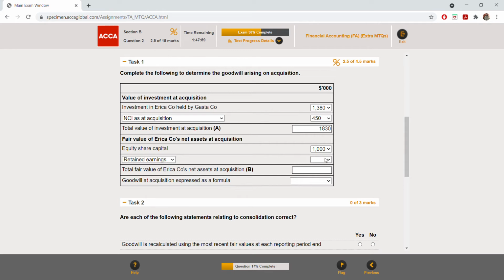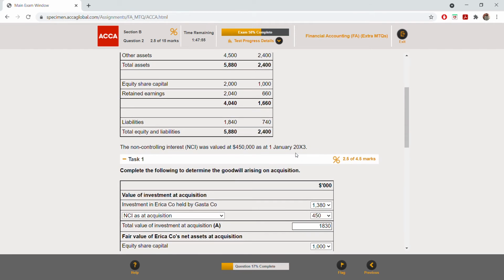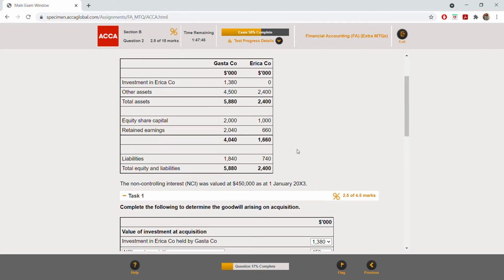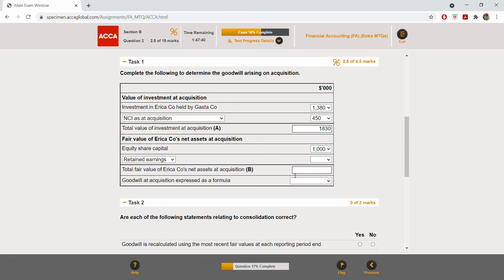And how much is the retained earnings? It is 480. How 480? Because they told us the retained earnings at acquisition was 480,000. So it will be 480.